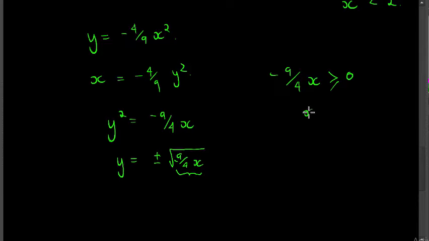That just means that x must be negative. So of course I'm allowed to have a negative under a square root if I can still multiply it with something else. I just make sure that what I multiply with is a negative. And that's why the domain for this one will be that x is smaller or equal to 0.